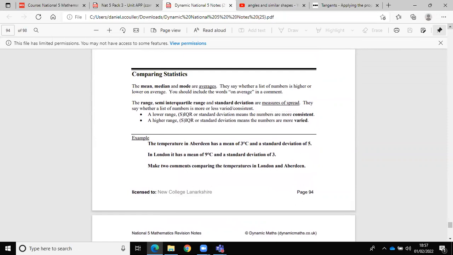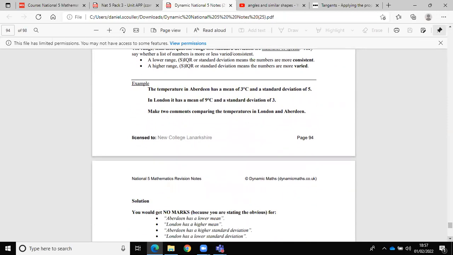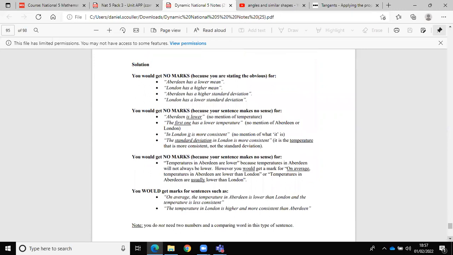So, comparing statistics, gives you a wee note about comparing statistics and what they're looking for. You would get no marks for these following, no marks for this. You would get marks for these sentences.